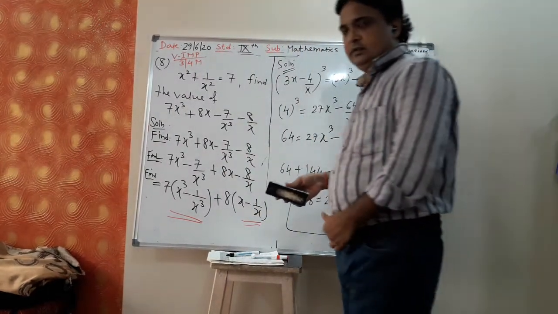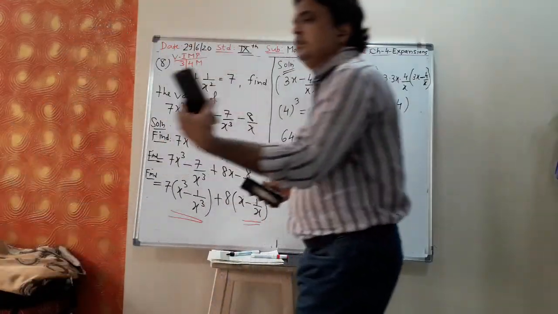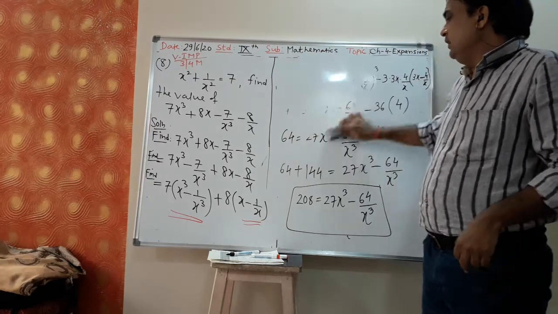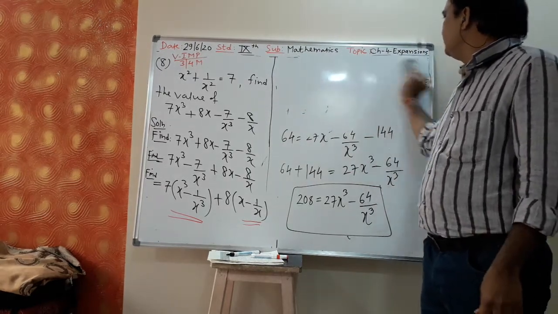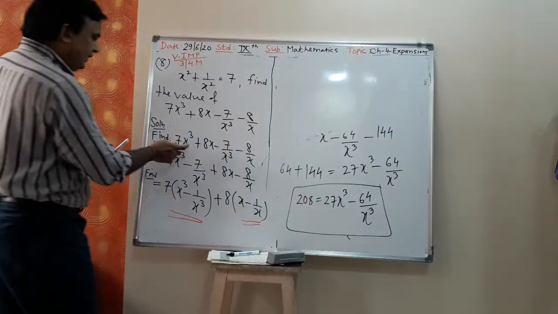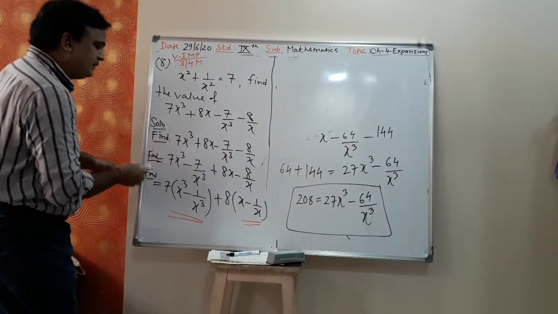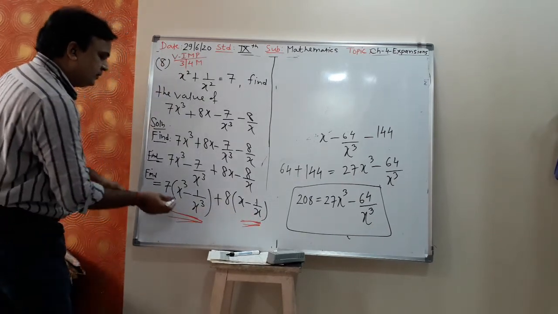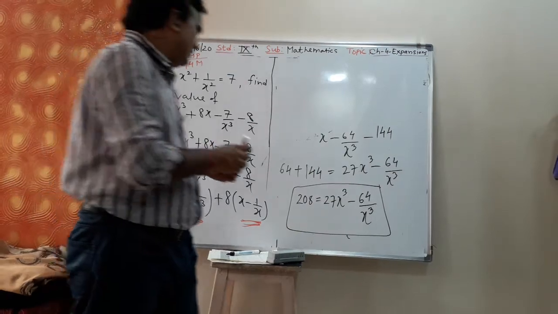Yes, it is clear. Now let us find x minus 1 upon x and x cube minus 1 upon x cube. Wait, the lecture is not over.